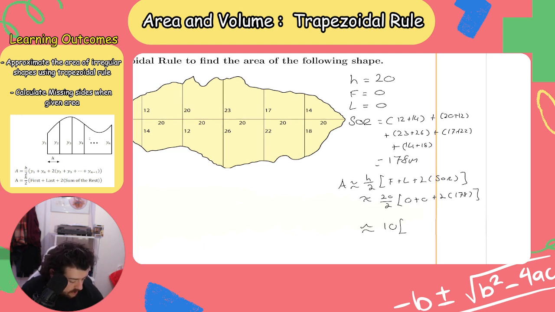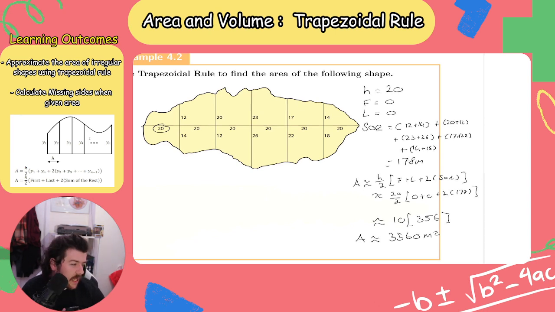So 10 times 356. The area is going to be approximately equal to 3,560 meters squared. So that is the approximate area for this kind of lemon shape.